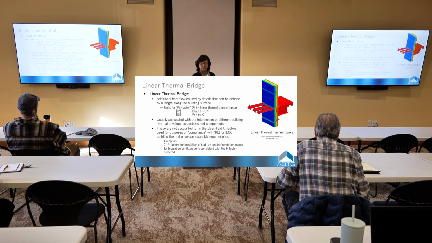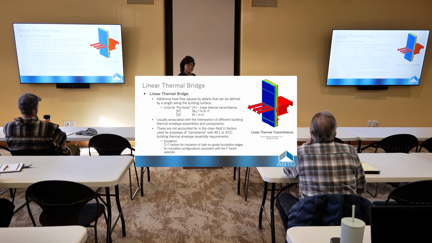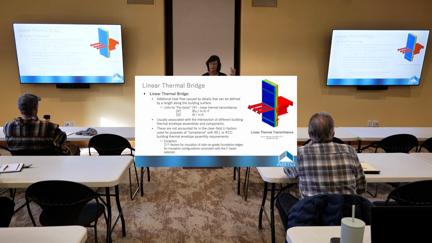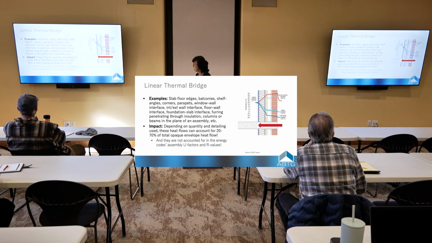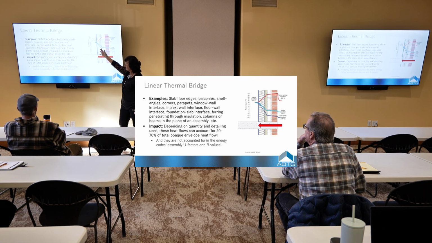So right here at the patios and such, we're trying to deal with this linear thermal bridge. It's a line across the whole building that has thermal loss in it. How are we going to deal with that? We're going to look at some details for that. There's all kinds of ways. There is a huge thermal loss there, and so we're going to try to deal with that, right? Slab floors, balconies, shelf angles, all kinds of things.